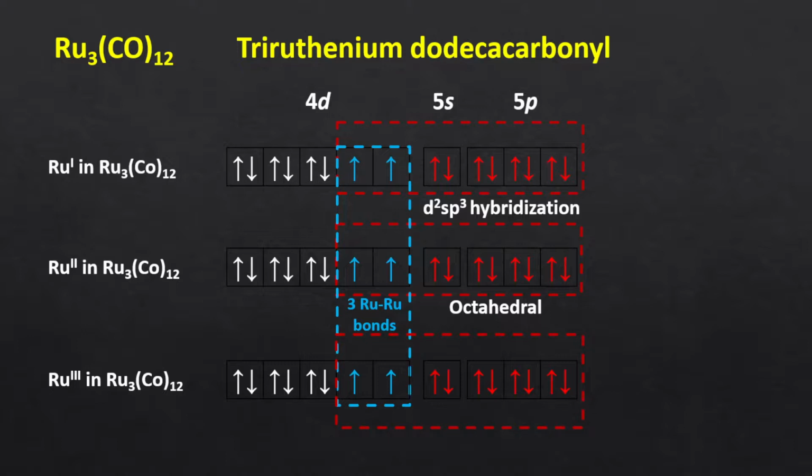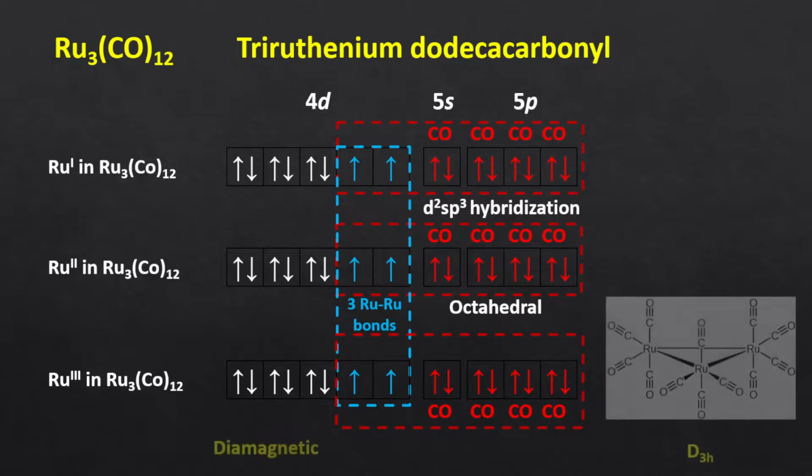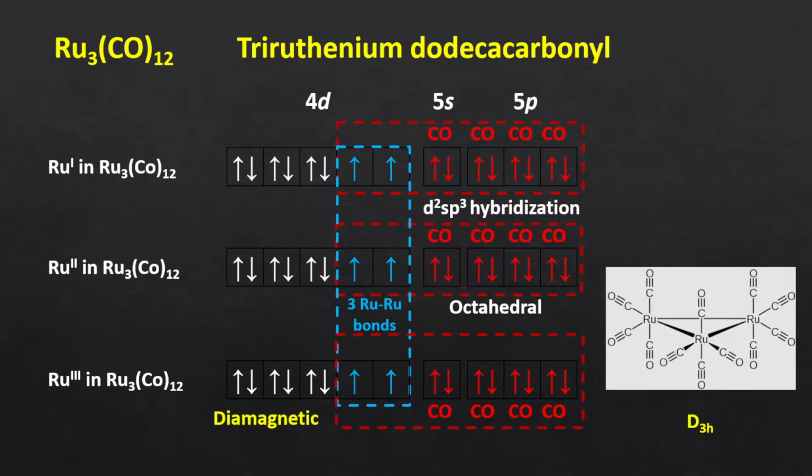Each metal accepts 4 pairs of electrons from 4 carbonyl ligands in its 4 vacant d2sp3 hybrid orbitals. Moreover, there is no unpaired electron, so this complex is diamagnetic. The geometry of each metal atom is octahedral, while the point group of this complex in the solid phase is D3h.